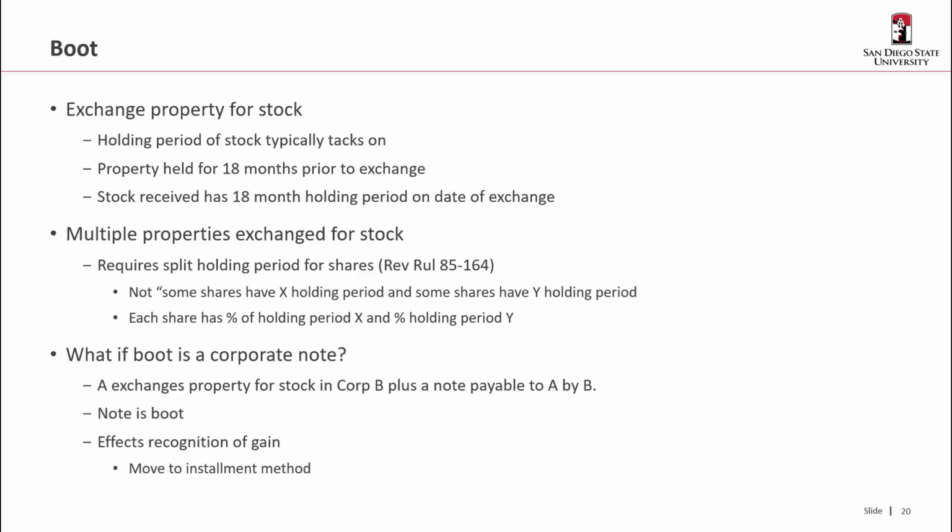So how do I determine what shares have what holding period? And this is the craziest rule ever. It's not to say that you would say, okay, well, maybe the fair market value of the shares associated with the land gets that holding period, and the fair market value of the shares associated with the building gets that. No, each share has a percent holding period of one and a percent holding period of the other.